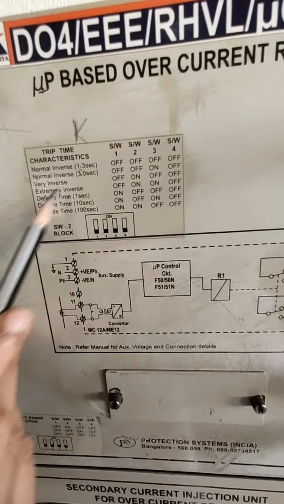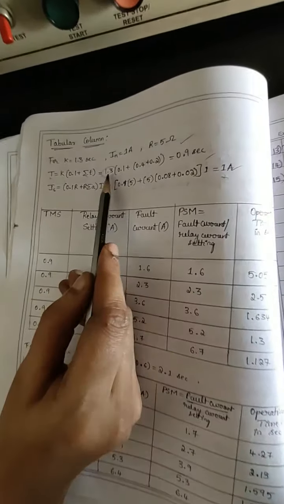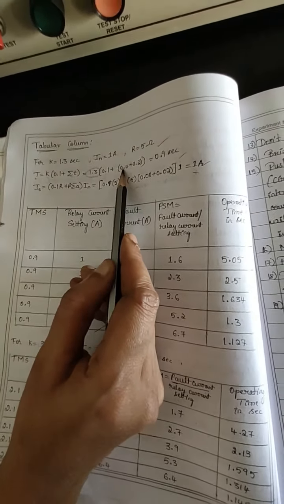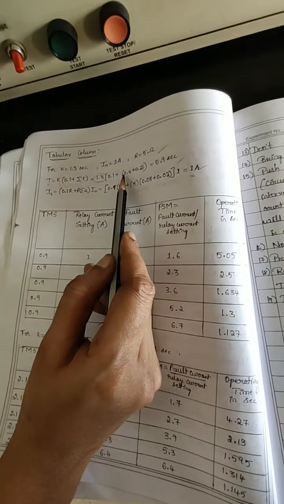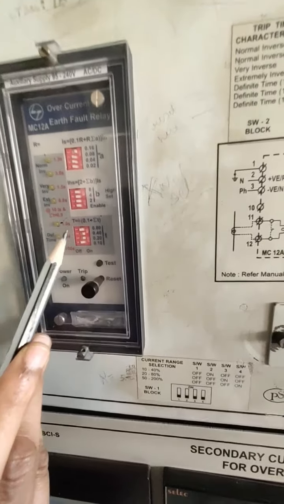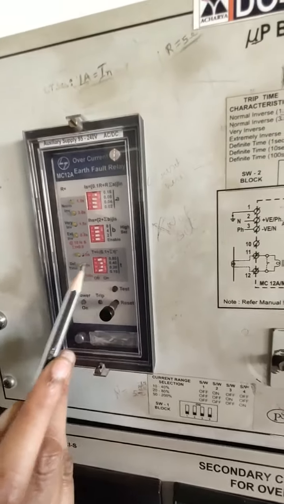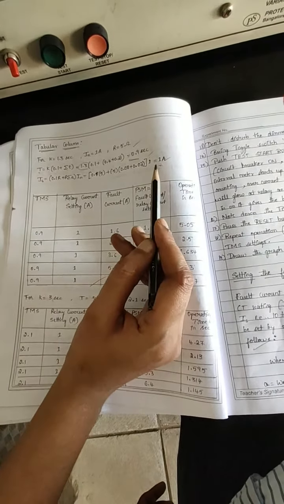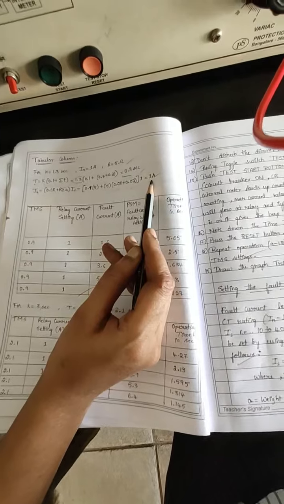I have chosen 1.3 seconds, so my K value is 1.3 seconds, and 0.1 plus sigma T. What is sigma T? It depends upon the switches we are adjusting in this black. You can see 0.4 and 0.2 are adjusted, so 0.4 and 0.2 are on. Based on that, I will get a TMS of 0.9 second and my set current is 1 ampere. If it is more than 1 ampere, my relay is to be tripped.